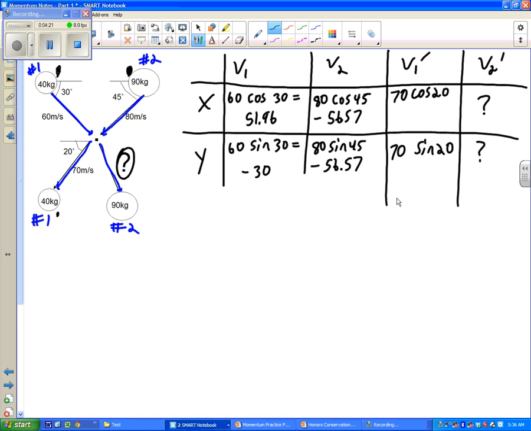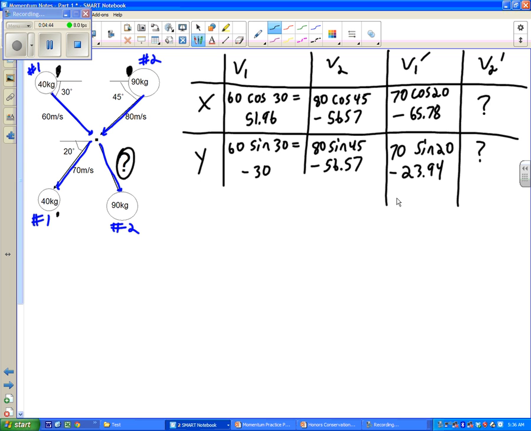For v1 prime, it is going left, so it is a negative 65.78. And the y is negative because it's going down 23.94. All right, so what I found were the velocity components for each of these.